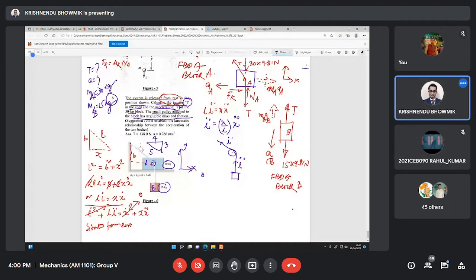Now we can consider sign positive or negative. So AB, here this AB, is it increasing or decreasing? Due to acceleration, length is increasing, so AB we can consider positive.